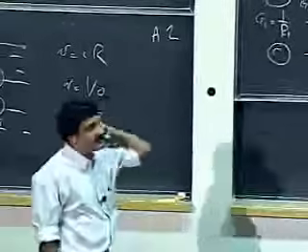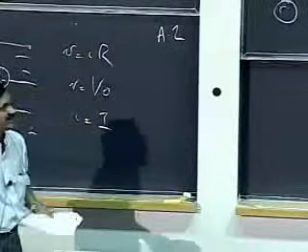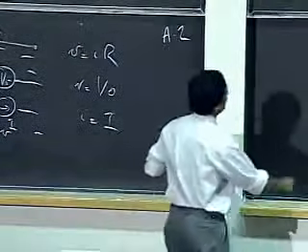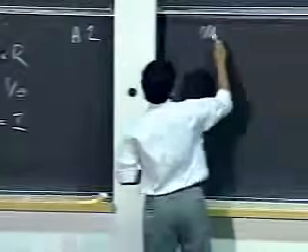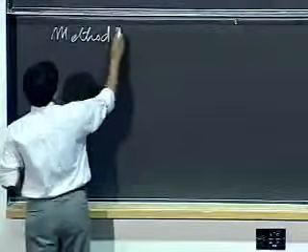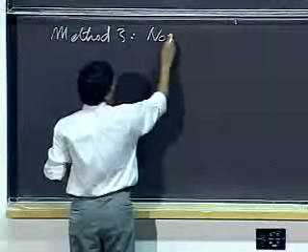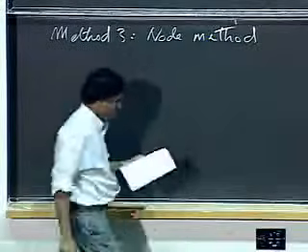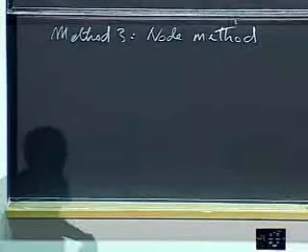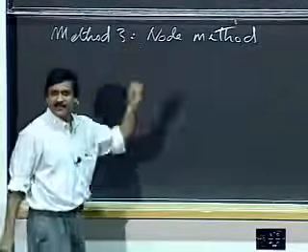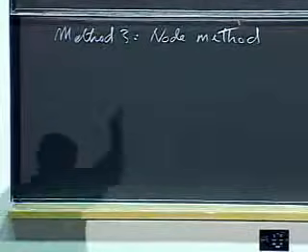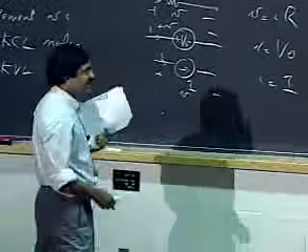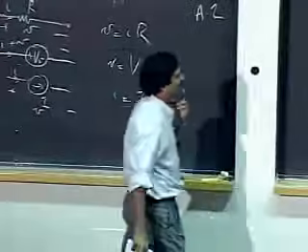So let me go on to the third method of circuit analysis. And the third method is called the node method. So the node method is simply a specific application of the KVL KCL method and results in a much, much more compact form of the final equations.